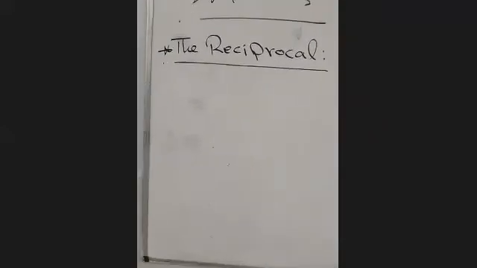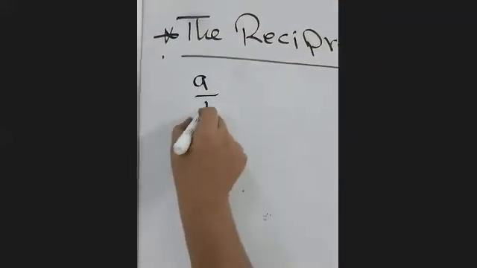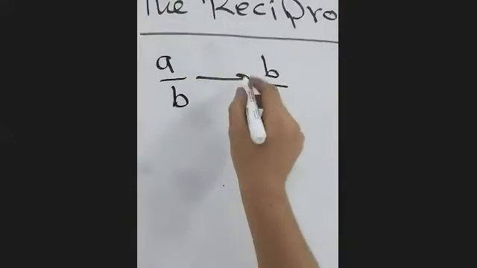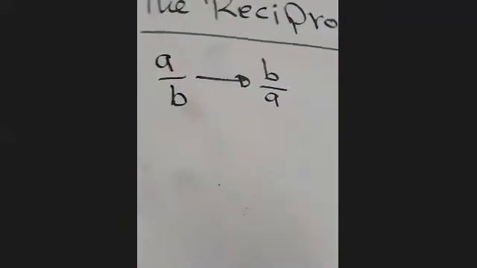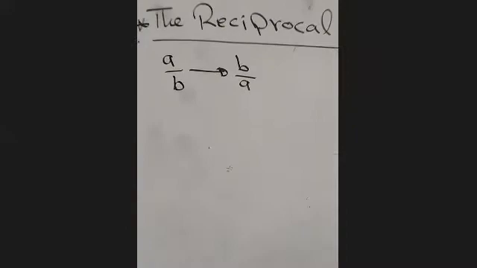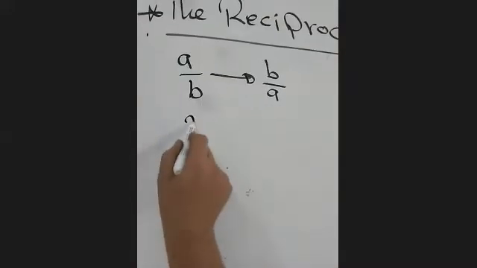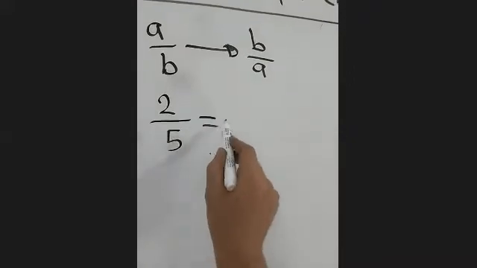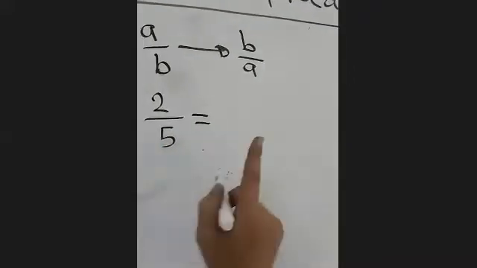Now, the first idea in this lesson is something we call the reciprocal. What's the reciprocal, guys? The reciprocal of the fraction a over b is b over a. For example, if I have the fraction 2 over 5, the reciprocal of it, do not write equal. No, they are not equal.